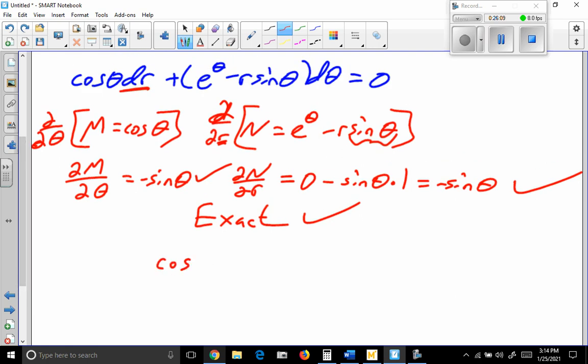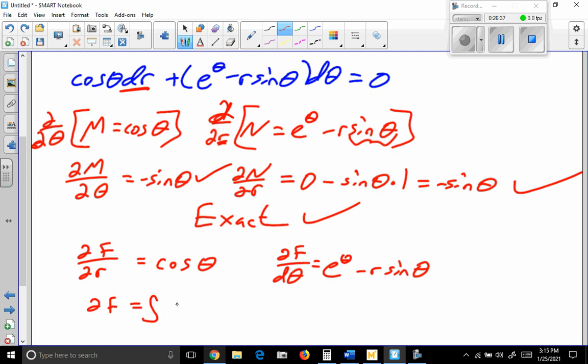So cosine theta, that came from taking the partial of f with respect to r. And e to the theta minus r sine theta, that came from taking the partial of f with respect to theta. So if we want to work backwards, we need to move the partial.